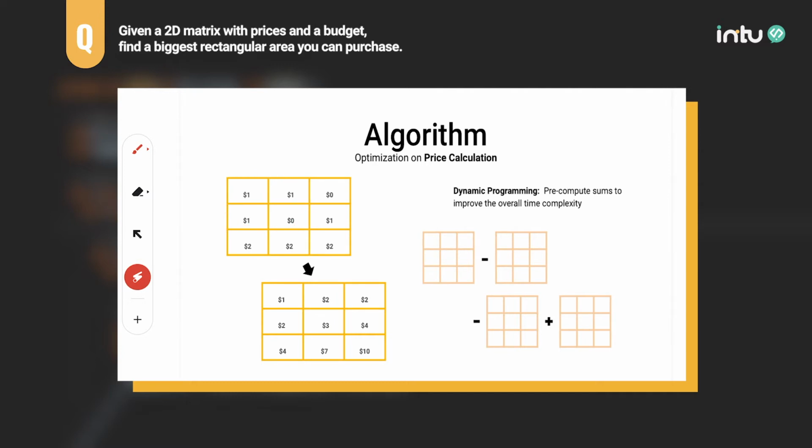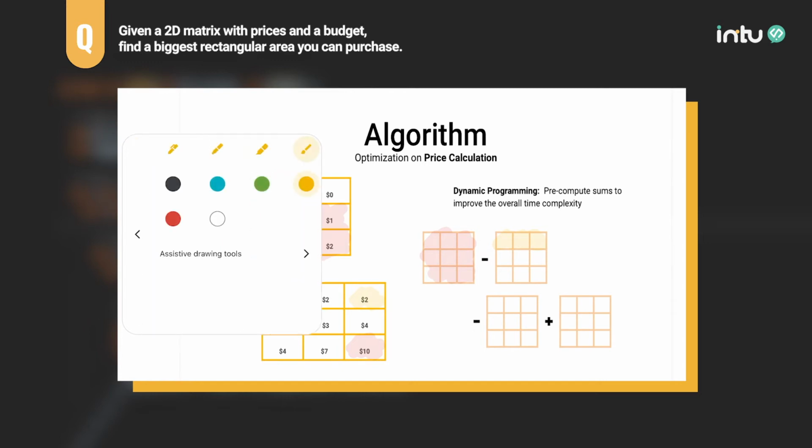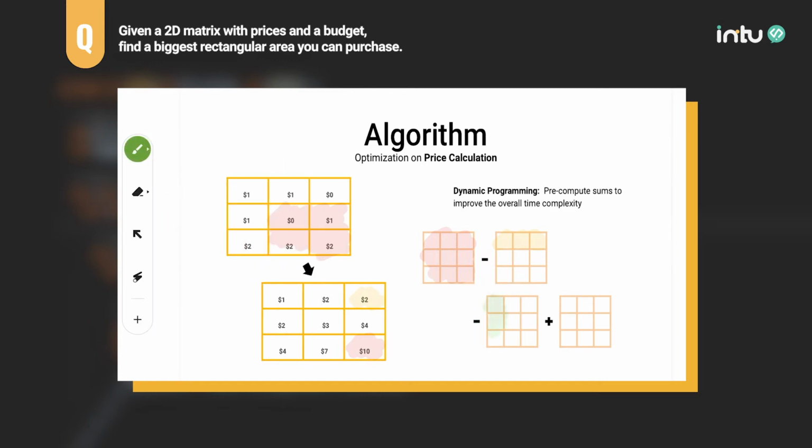Using this array, if I want to calculate the price of, for example, this rectangular area, I can do it by starting from this array, which is $10, minus this portion, which is $2, also subtracting this portion, which is $4, and lastly adding this portion, which is $1, because this portion has been subtracted twice.